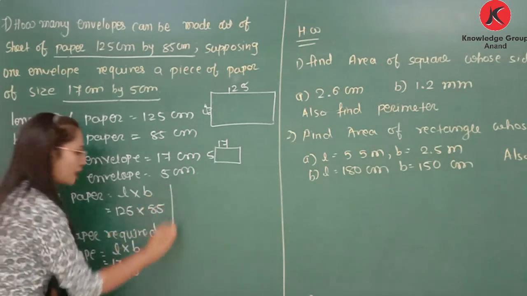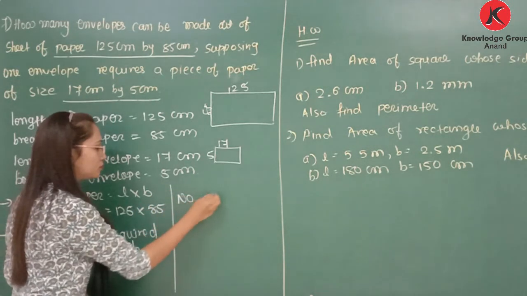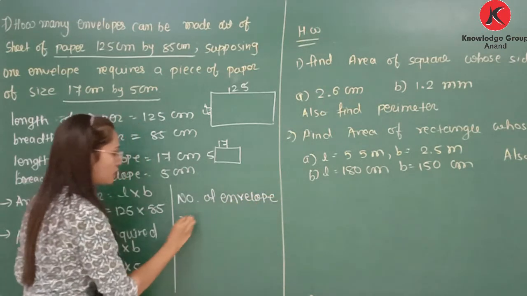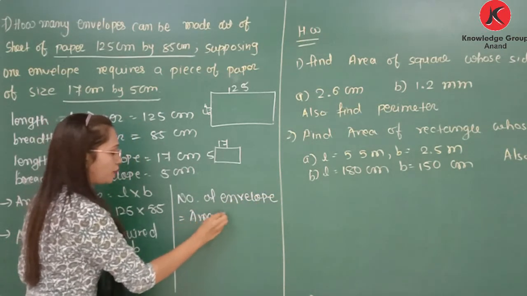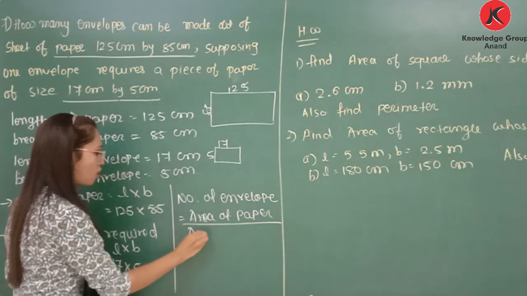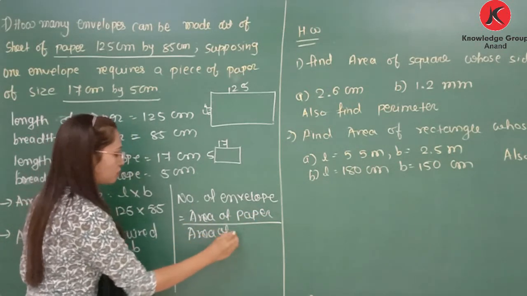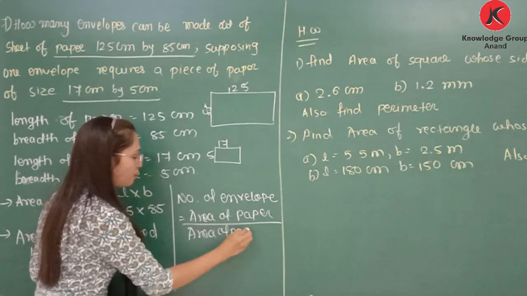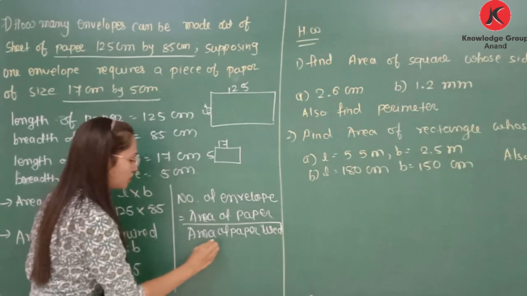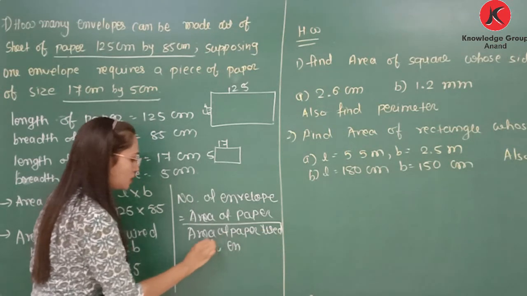Now, number of envelopes will be area of paper divided by area of paper used in envelope.